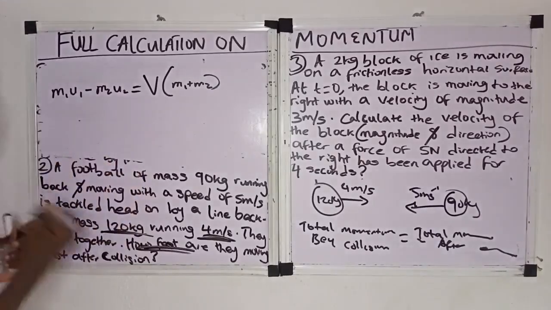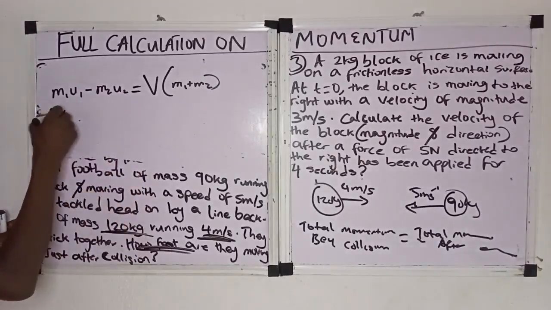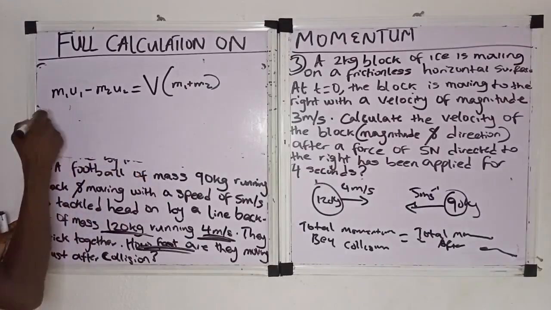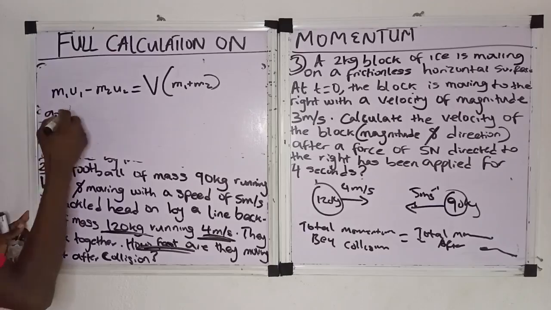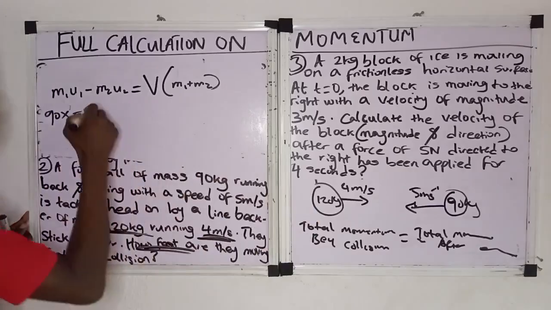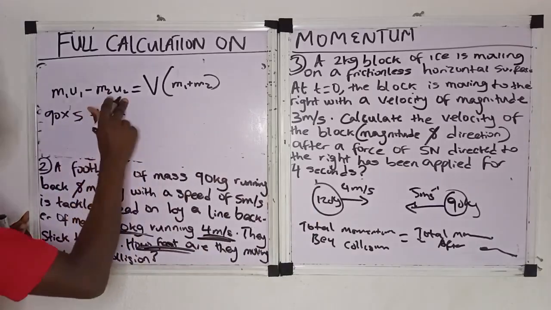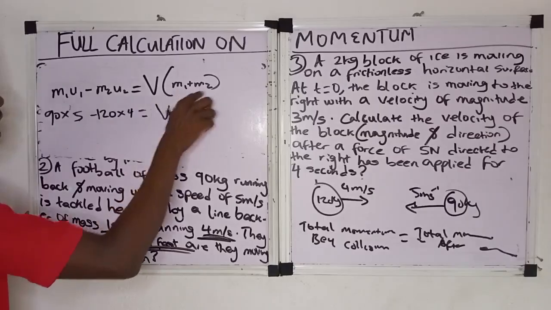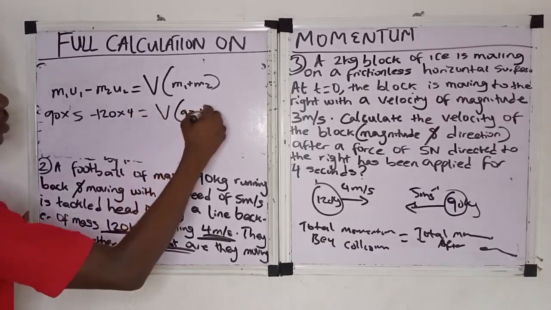Now, what is the mass of the ball? No, the mass of the ball is 90. The velocity of the ball is 5. Then minus m2, the mass of m2 is 120. Then the velocity of m2 is 4. Then it is equal to V. We are looking for V. m1 is 90, m2 is 120.